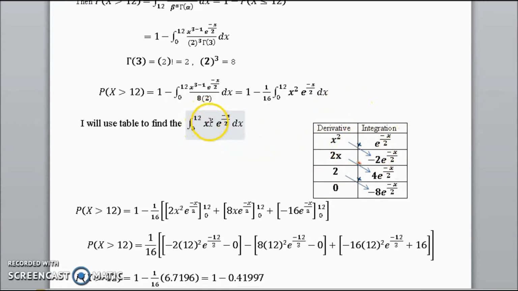I will put the function x power 2 in the derivative column and e to the minus x over 2 in the integration column. Then I differentiate the first function until I get 0, and integrate the other function, and stop when I get 0.